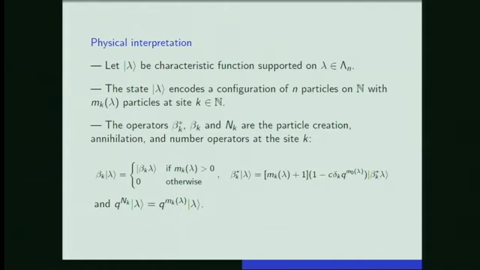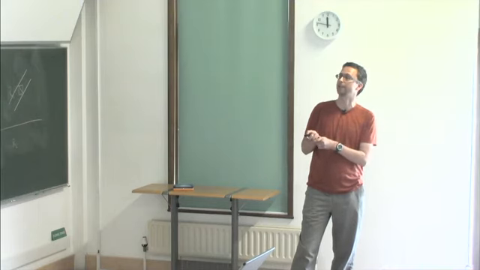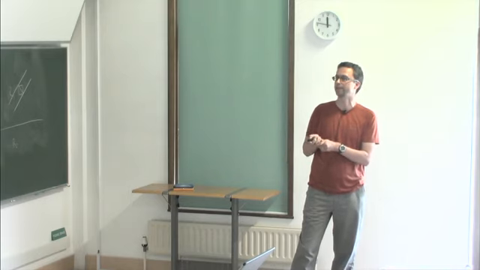Here k runs through the whole non-negative integer lattice, and in total you have n, the length of the partition, as the number of particles. And what do these operators beta_k star and beta_k do? They act as creation and annihilation operators. One adds a particle at site k, the other deletes a particle at site k, and this one counts the number of particles at site k.